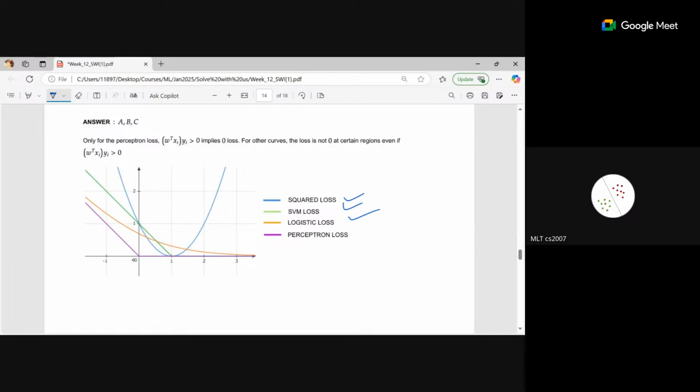Only for perceptron, if it's correctly classified, the loss is exactly zero. For every other case, at some point it is getting non-zero. That's why the answer was squared loss, SVM and logistic.